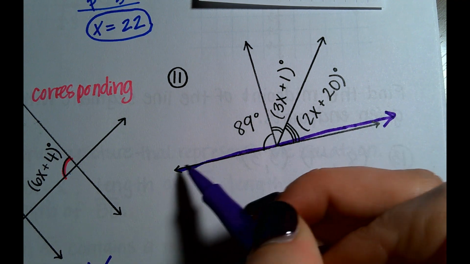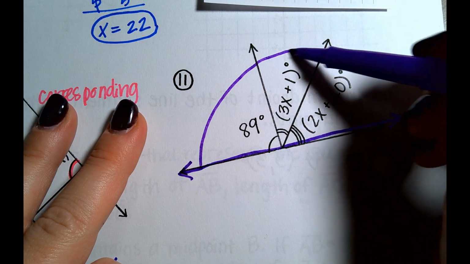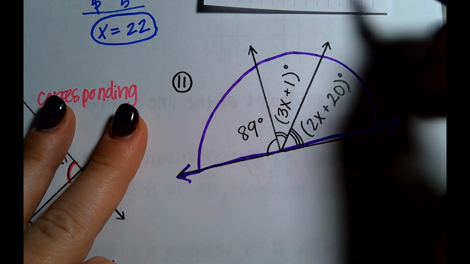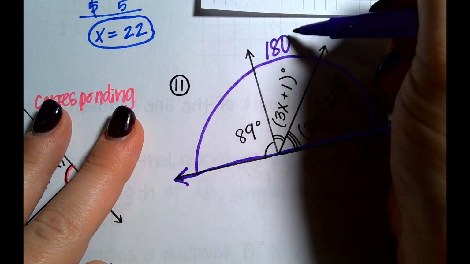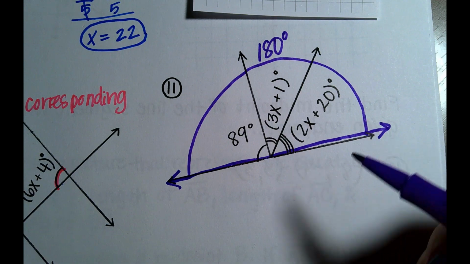They're making a straight line here. Normally we just add 2, but you can add 3 as well. This is 180 degrees here, total. So, since these 3 angles add up to 180 degrees, what is a possible equation I could write?